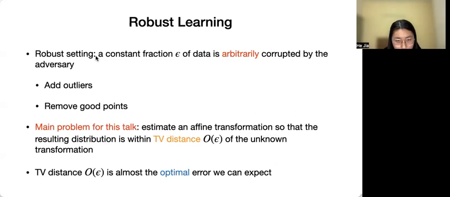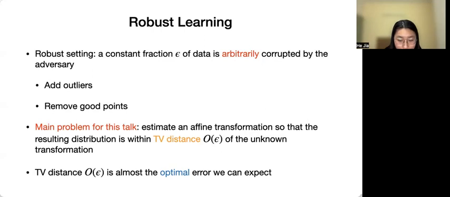The robust setting in our problem means that a constant fraction epsilon of the data is arbitrarily corrupted by an adversary. Note that the adversary can arbitrarily corrupt our sample. They can remove part of the good points and add outliers, and those outliers can be anything.